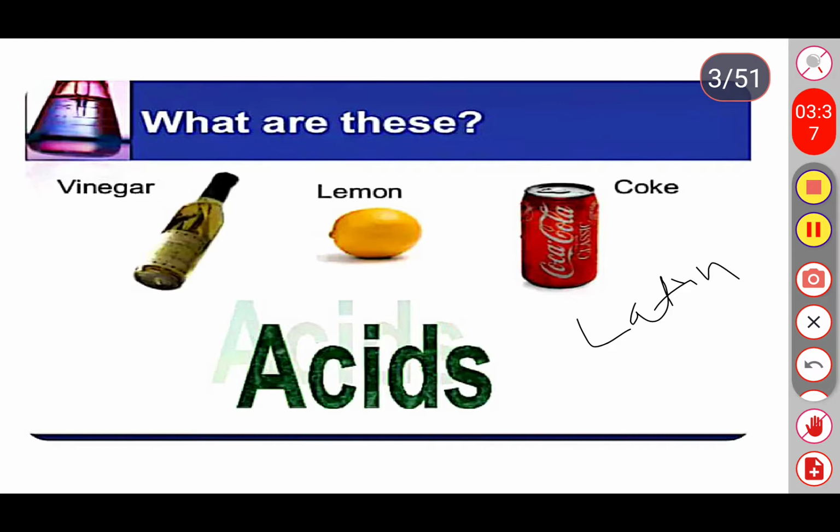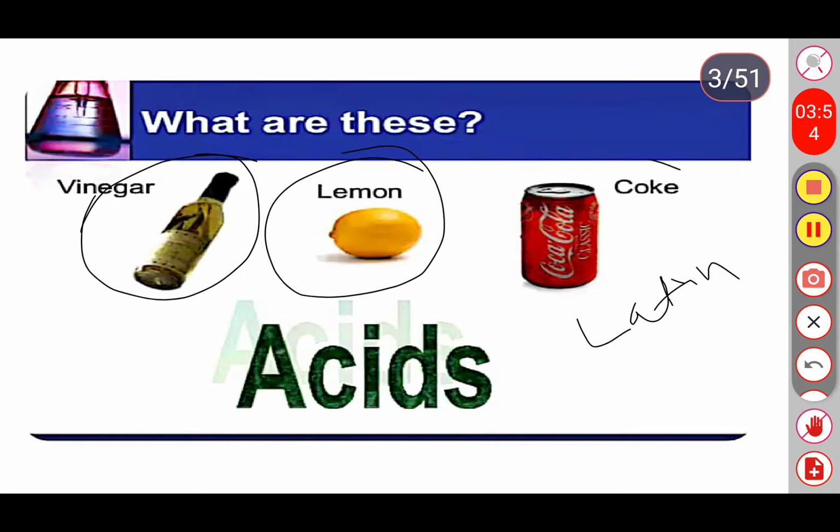So the substances which are sour in taste are considered as acids. A few examples are given here: the first one vinegar, second lemon and third coke.